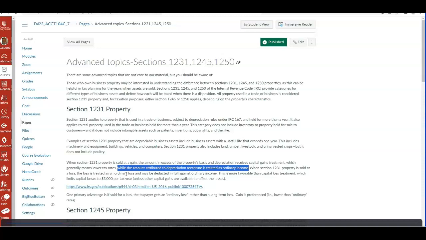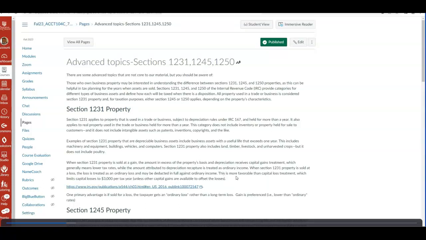So capital loss is not that good, because it doesn't let you use all of it. But ordinary loss, here it says treated as ordinary loss. That's really good, because you can directly apply it against ordinary income, and boom, your income will be lower, and there you go, you pay less taxes. Got the difference?